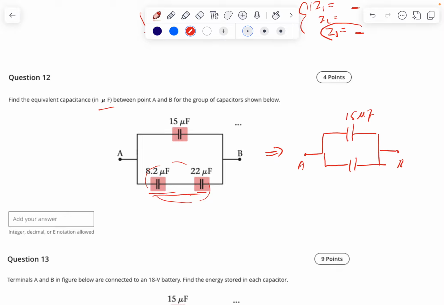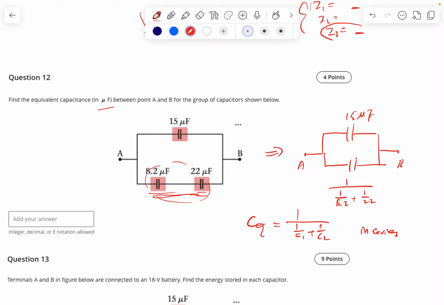Capacitance is opposite to the way you connect resistors. If you connect capacitors in series, then the equivalent capacitance is 1 over, and so on. So this is in series.